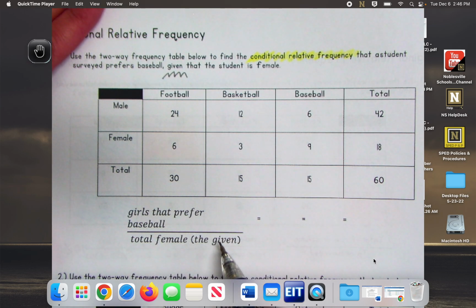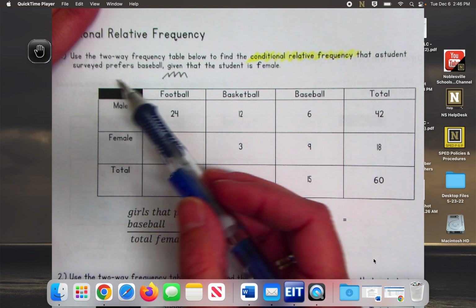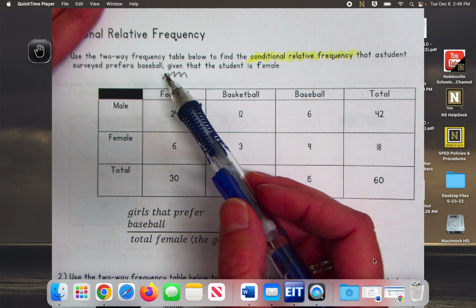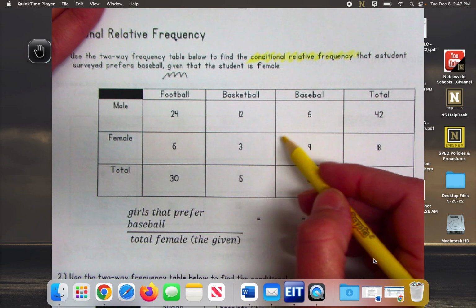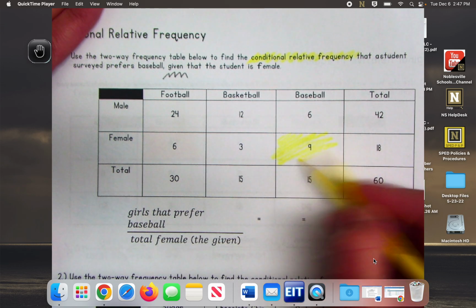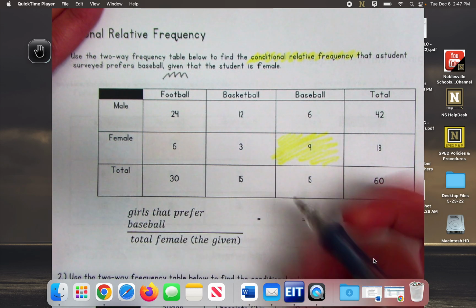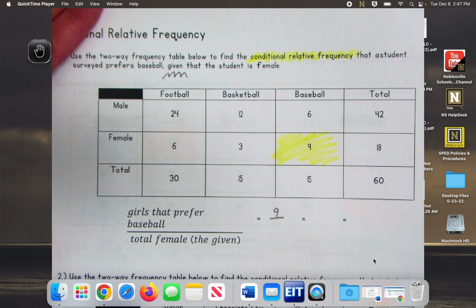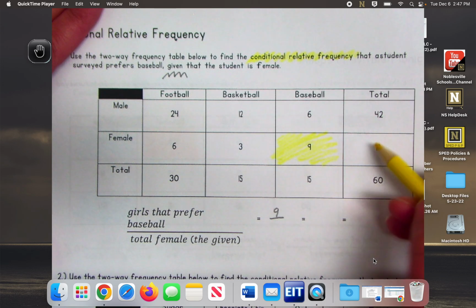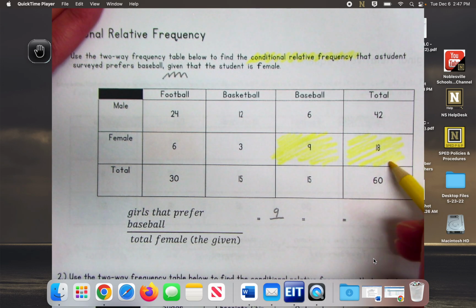Okay? So we want to know that a student surveyed prefers baseball. So how many students surveyed preferred baseball? 9. Right? Given that they are female. So how many total students are female?